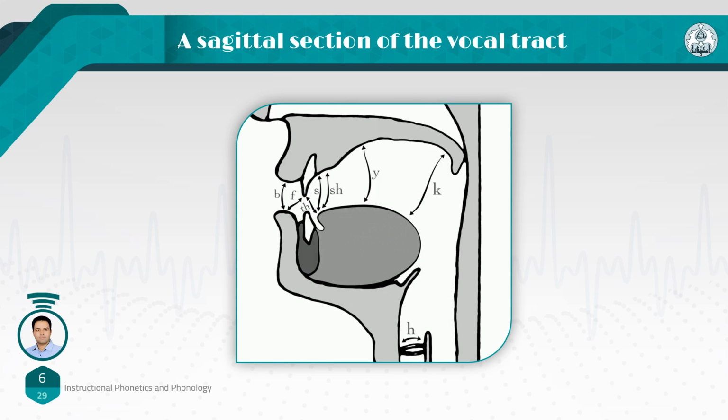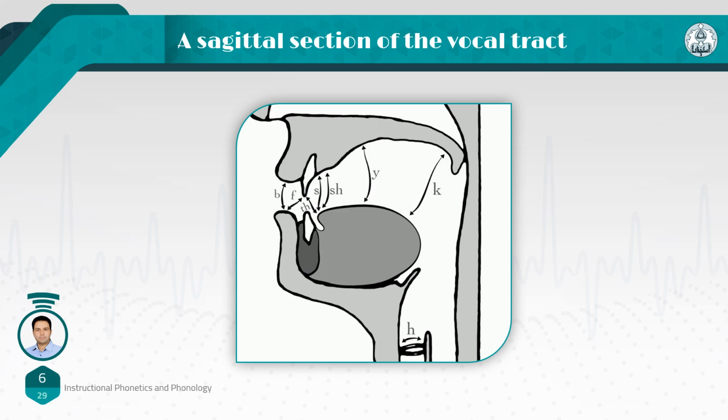In this picture, you can see different places of articulation in the vocal tract together with the sounds that they produce. As you can see, we produce b with the lips, or f with the lips and the teeth, or for example, th with the tongue and the teeth, or s with the tongue and alveolar ridge, or sh or y or k, for example, or even h.